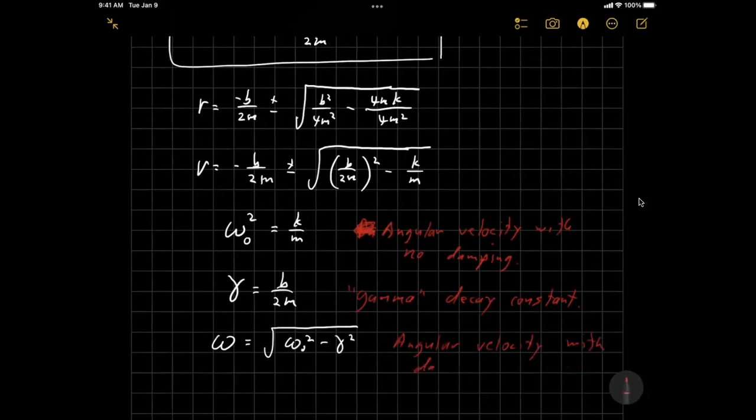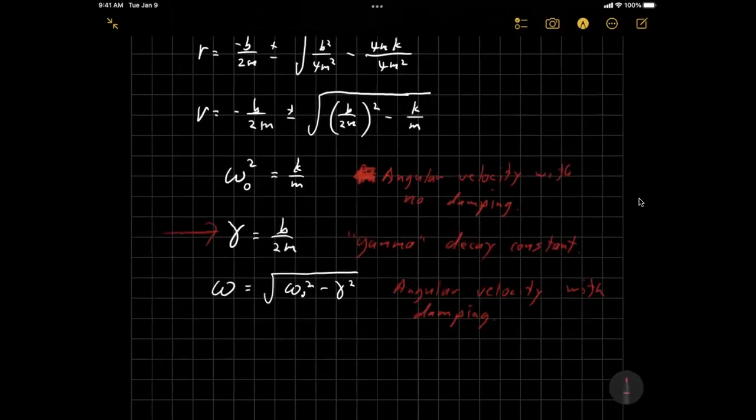So it's related to what the angular velocity would have been if there was no damping. If there's light damping, gamma will be very small and we'll get almost the same thing as we would have gotten without damping. But as the damping gets heavier, there'll be a bigger difference. Now let's keep going with this.